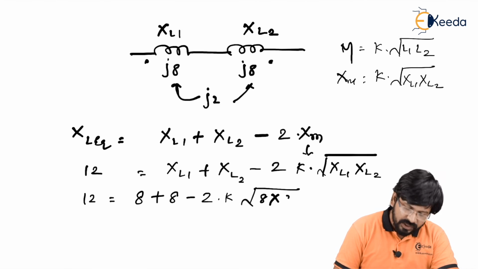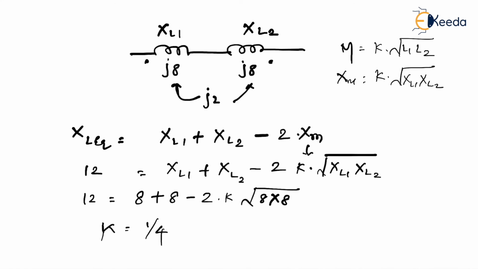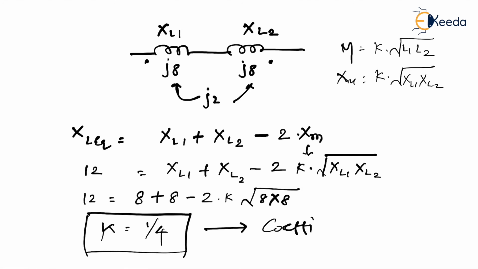So if you solve this, you'll get the K value as 1 by 4. This is nothing but the coefficient of coupling.